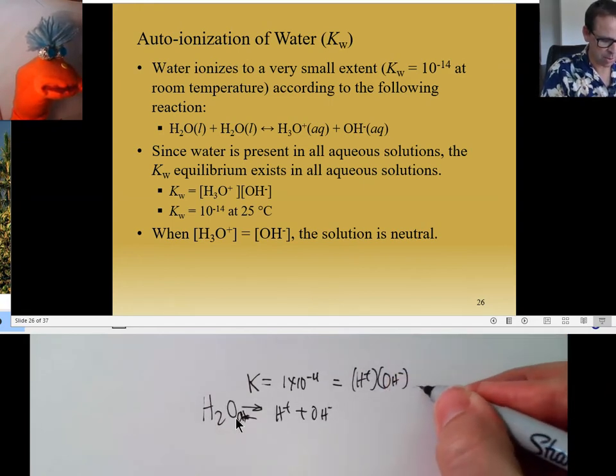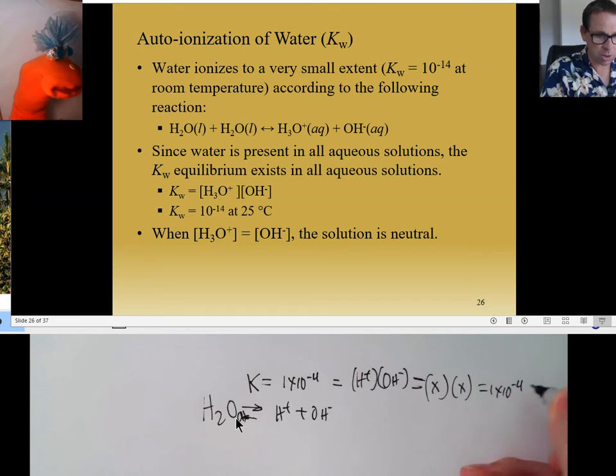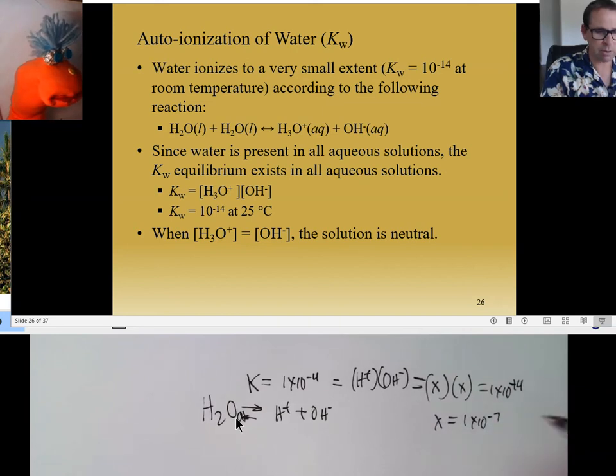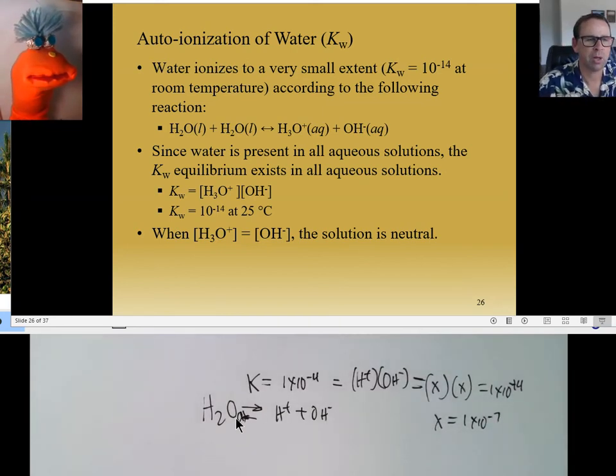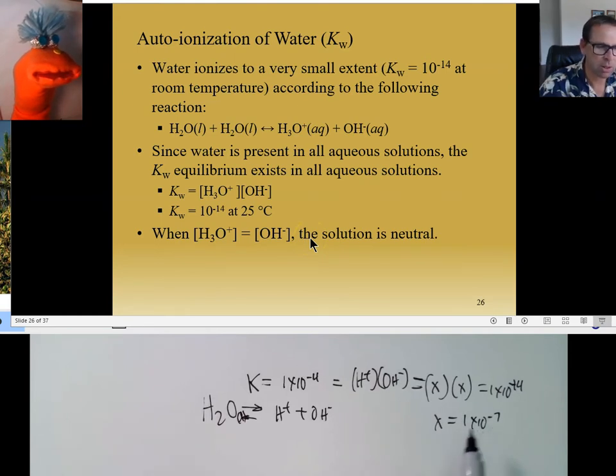We could call them X times X, equal to 1 times 10 to the minus 14. Therefore, X here will equal 1 times 10 to the minus 7. So the hydrogen ion and the hydroxide ion are at the same concentration, both 1 times 10 to the minus 7, when the solution is neutral.